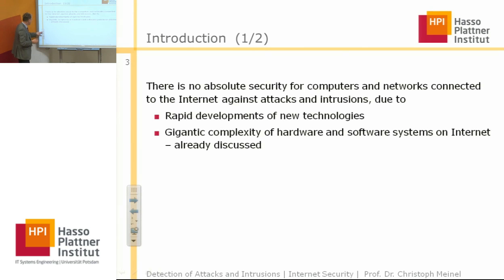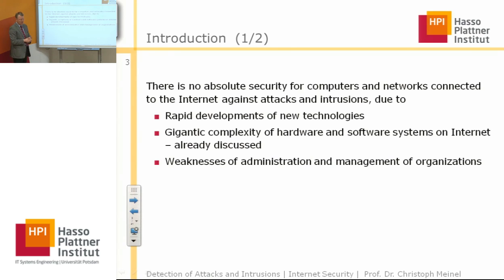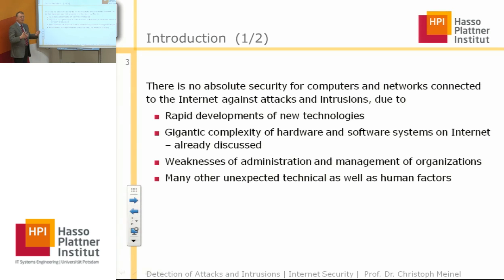We have discussed this during our lectures in many points. Even if a system provides good methods and good techniques, human failure, such as administrators not correctly controlling configurations or managing the system, or IT systems in an organization not being correctly organized, also provides the possibility that attackers can successfully attack a system.